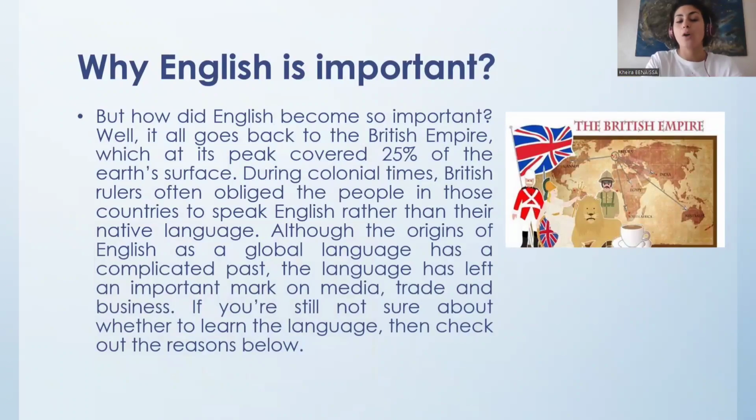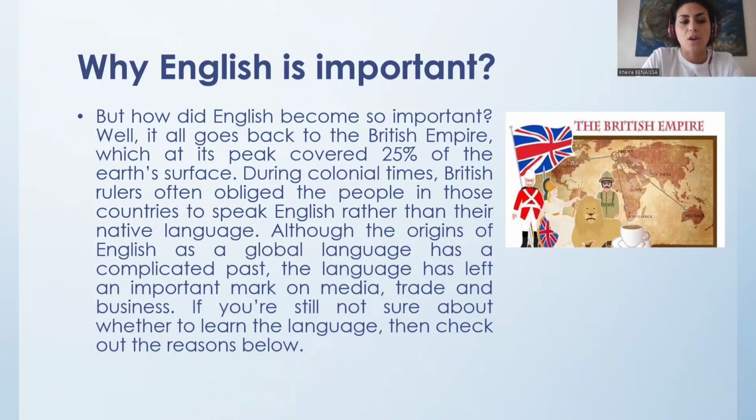How did English become so important? How did English become a universal language? Well, it all goes back to the British Empire, which at its peak covered 25% of the Earth's surface. During colonial times, British rulers often obliged the people in those countries to speak English rather than their native languages.